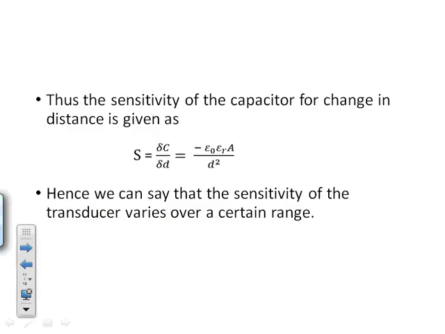And thus, the sensitivity of the capacitor for changing the distance is given as S is equal to delta C divided by delta D. By substituting the value of C, that is C is equal to epsilon naught epsilon R A divided by D in this equation, we can derive it, we can get it is equal to minus epsilon naught epsilon R A divided by D square. Hence we can say that the sensitivity of a transducer is high only in a certain range.